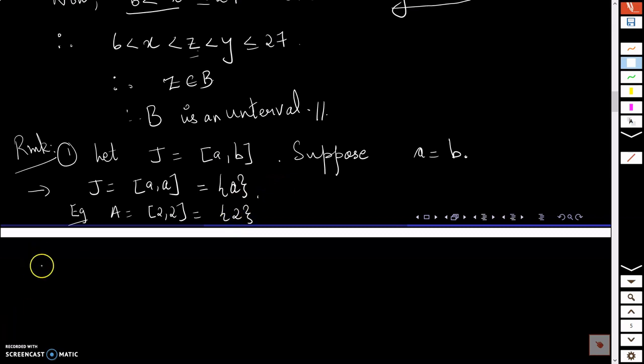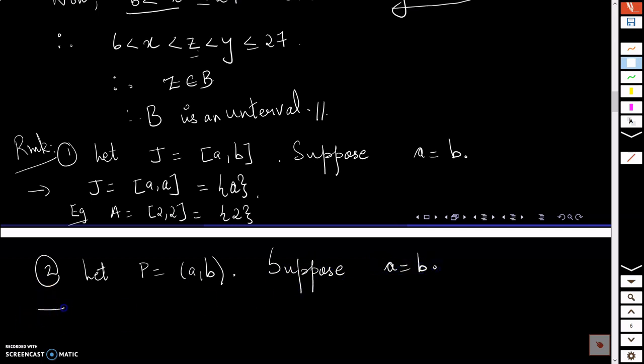Now let me consider the condition that a is equal to b for the open interval. What is going to happen? Let P be equal to the open interval (a, b), and now let's suppose that a is equal to b. Which points will be coming in the set P? P will be nothing but the open interval (a, a). So I'm looking at all the points which are after a and all the points which are before a. Can you see that this set is an empty set?